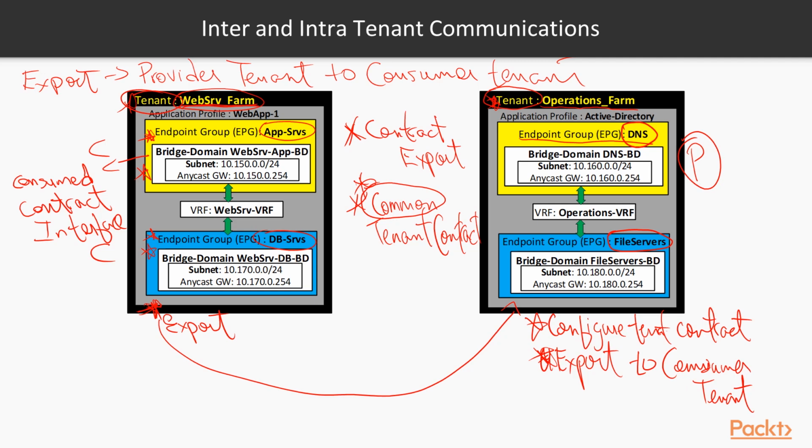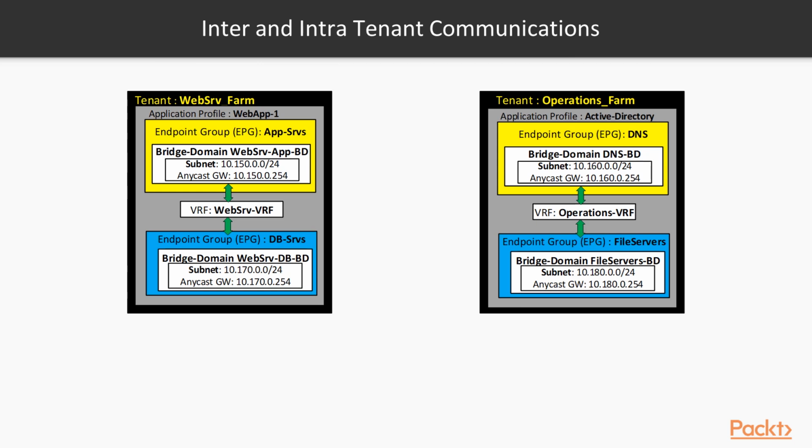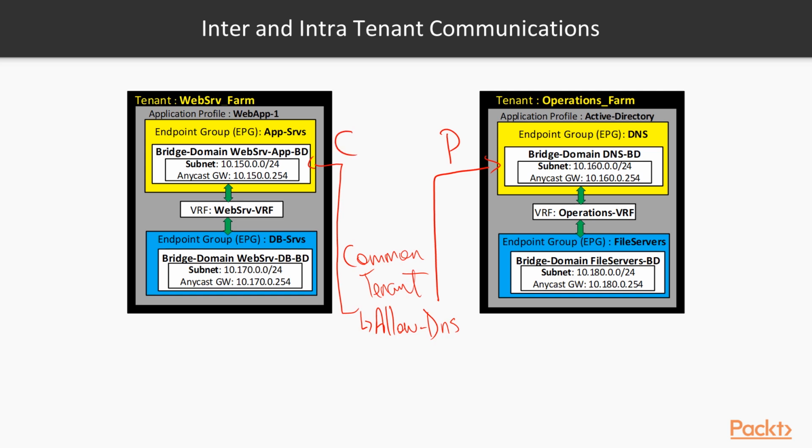The other way, let me go ahead and clean the whiteboard, and I'm going to show you the other way, which is using the common tenant for the contract. Okay, so instead of creating the contract in the provider tenant and exporting it to the consumer tenant, we can also go to the common tenant, create the contract, and we can say allow DNS, then attach the contract to the endpoint group DNS as provider, and attach the contract to the app SRVS as consumer.